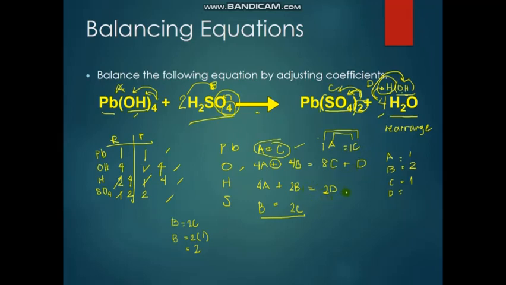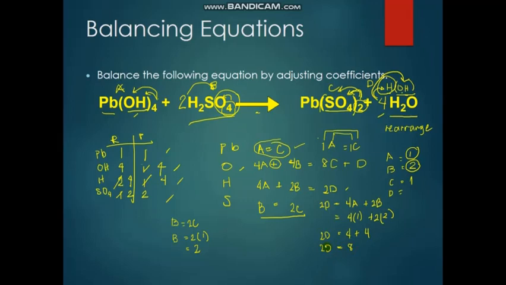So we have here an easier equation where we can find D. Let's rearrange it. 2D is equal to 4A plus 2B, equal to 4 times 1 plus 2 times B, 2, equal to 4 times 1 is 4 plus 4, so 2D equal to 8.